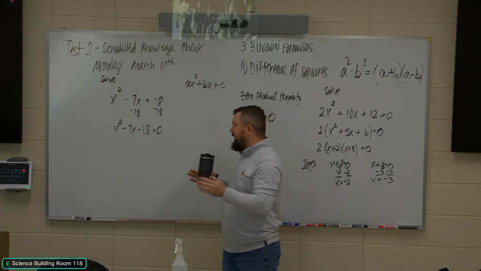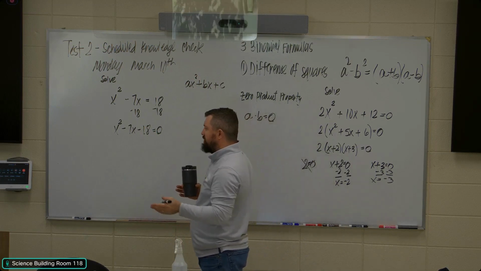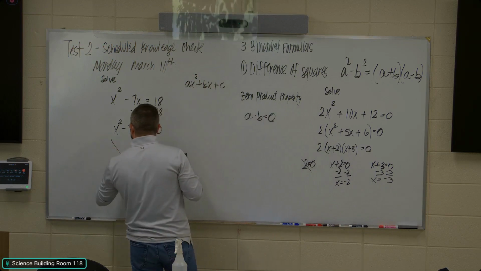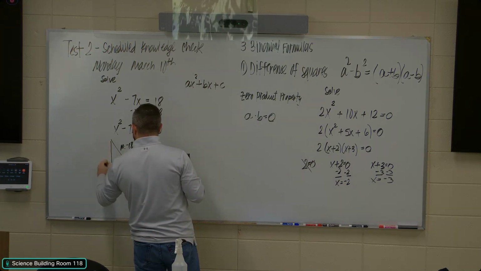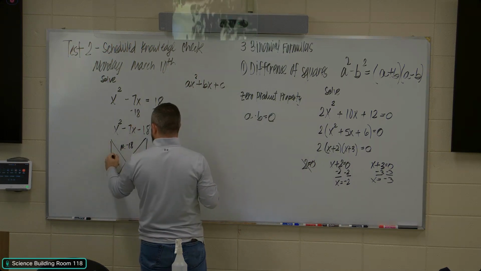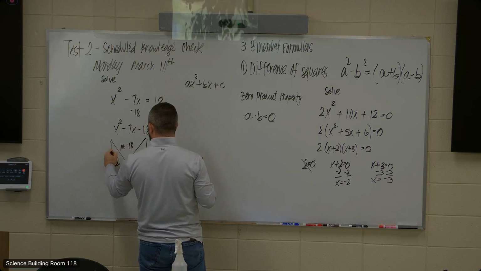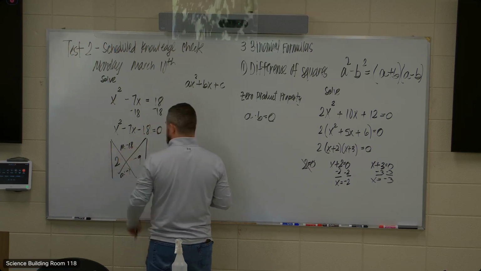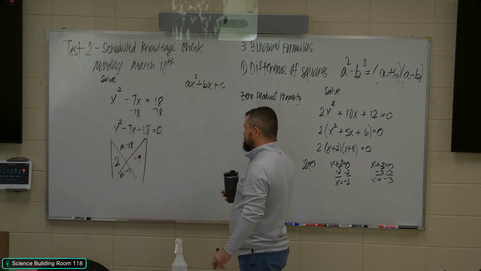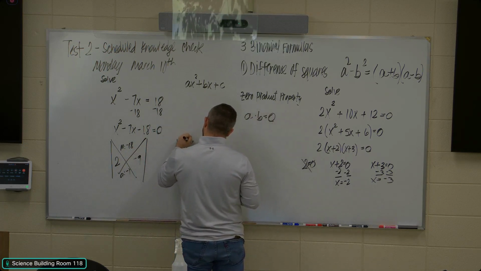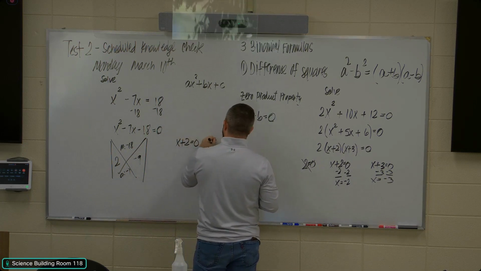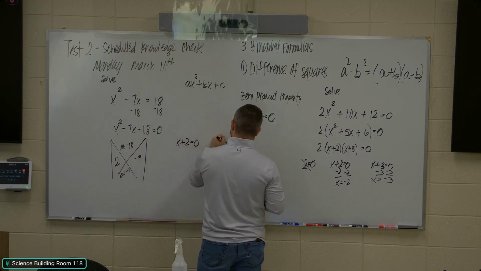So now I can just try to factor the trinomial. Things that multiply to give me negative 18, but yet they add to give me negative 7, 2, and negative 9. So x plus 2 equals 0, x minus 9 equals 0.